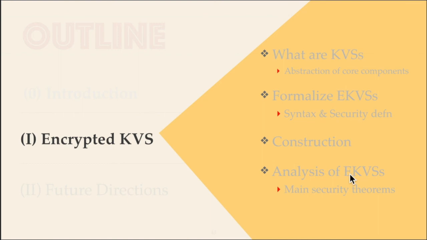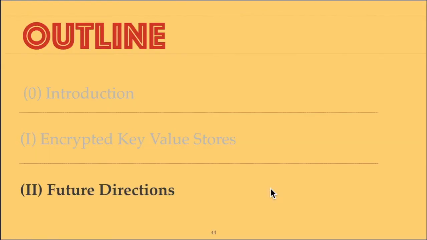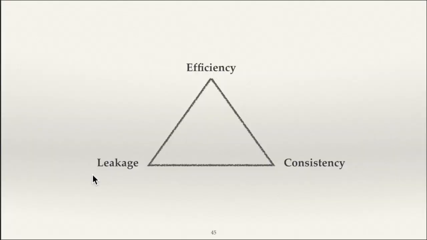Okay, so this brings me to the end of the technical section. I'll quickly talk about some of the future directions and some of the interesting problems that we can work on. This work was particularly exciting because we have not seen works before which explored the fundamental connections between cryptography and the properties in distributed systems.